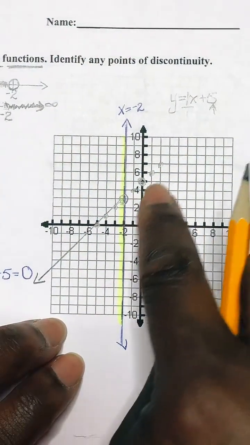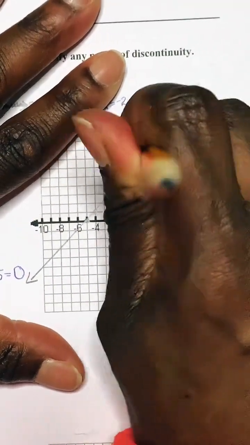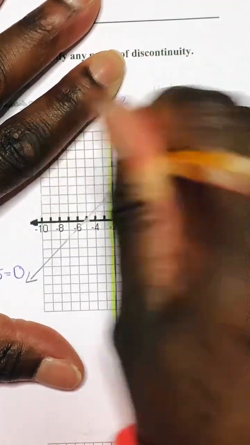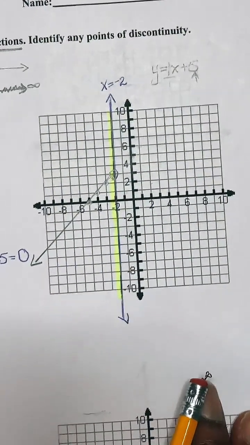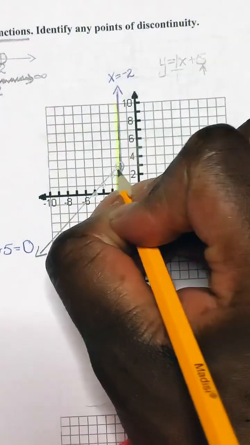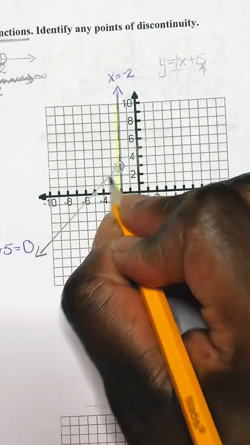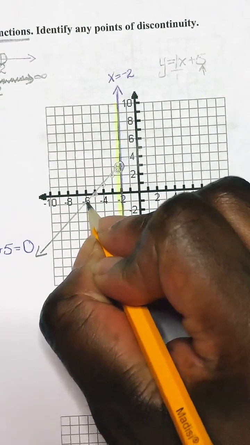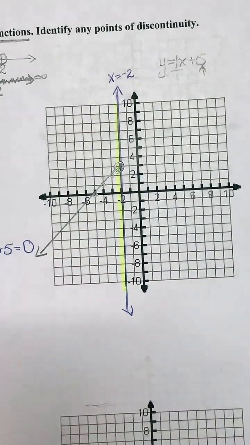So these points that are right here on this side, we can erase. So it's going to be an open circle here at -2, but then we're graphing the points so we can go down the other side.